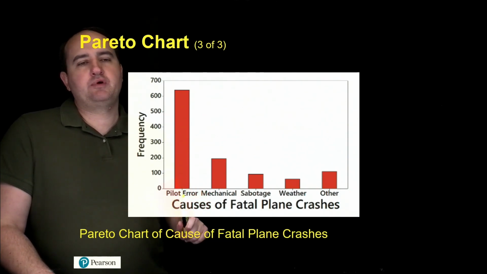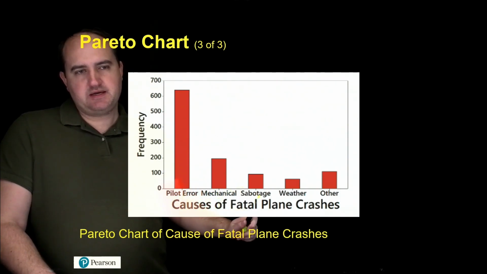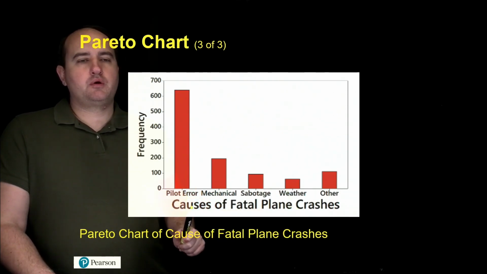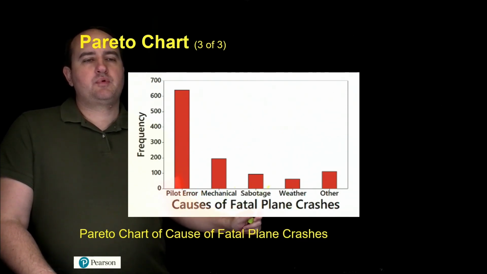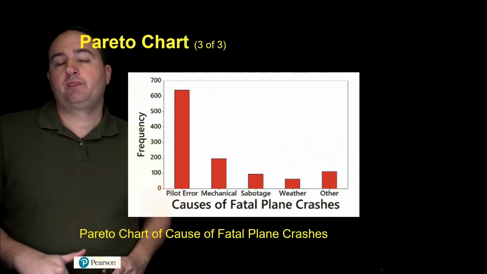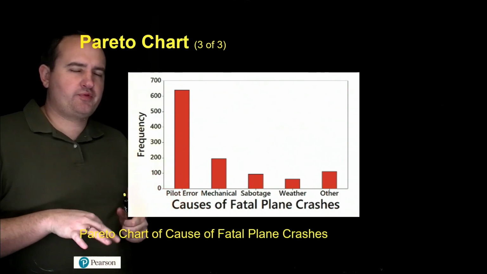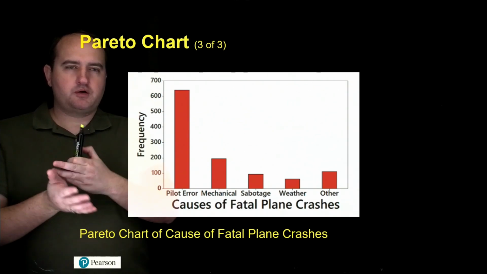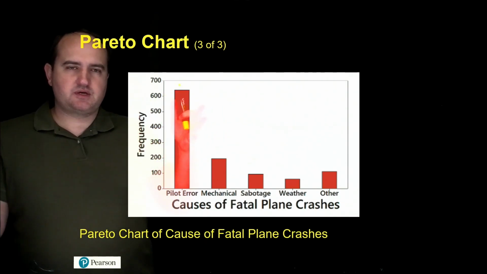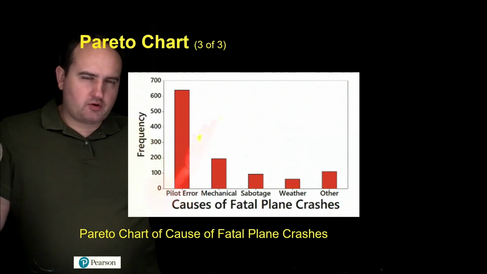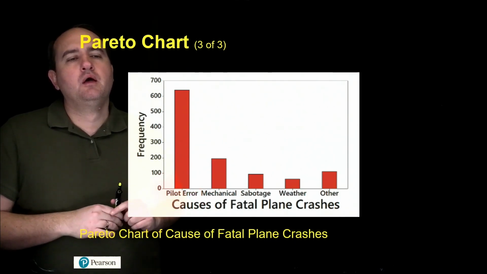And then as we're reading from left to right, we can easily see the relative importance of each of these categories. So it's actually more helpful than a bar graph where the bars are just in some random order, or if they're in alphabetic order, which doesn't mean anything usually.